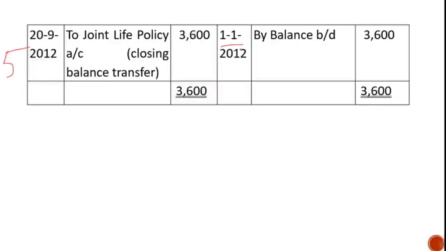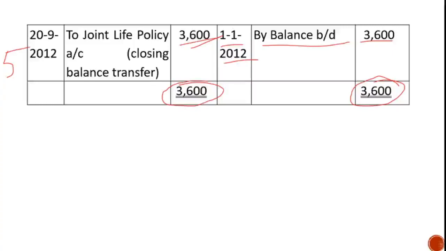In the fifth year, first carry the opening balance. Opening balance is 3600. There is no other entry in the fifth year. So in the fifth year, we have to close this account by transferring the balance to a separate account, which is called the joint life policy account. So the account will be closed.